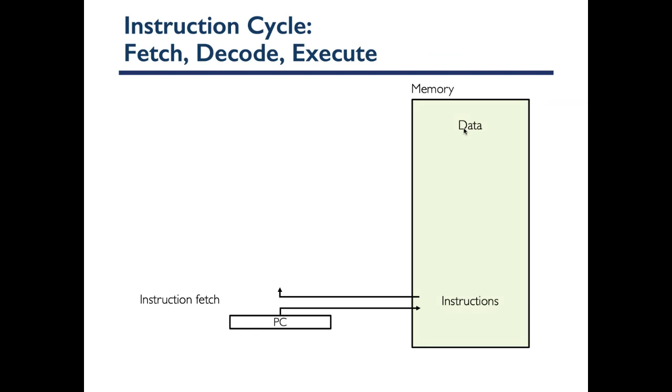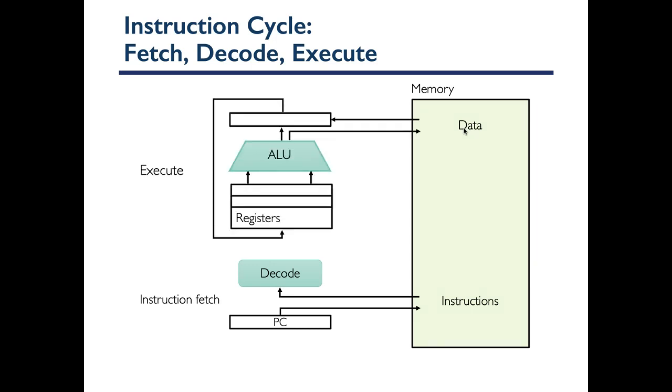You reference the memory, you bring that instruction to the processor, you start fetching it. So you fetch the instruction from the memory, then you decode the instruction to see what it is. Is it an add? Is it a jump? Is it a multiplication? Is it a divide? Whatever it is, we need to decode. Once we decode, we execute it.